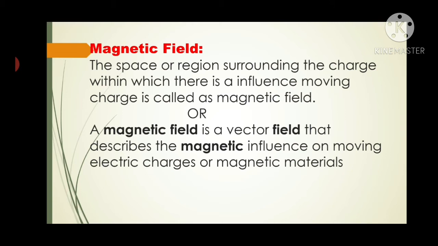That is, if any particle is brought into a magnetic field, or near the magnet, it will experience some force, and the region where the particle experiences force is called the magnetic field.